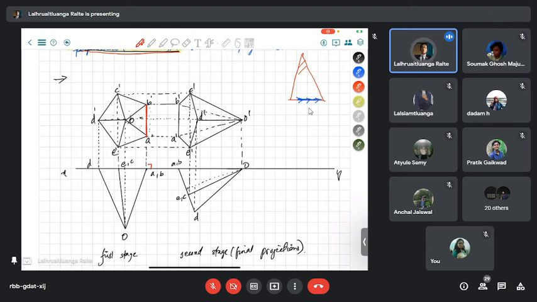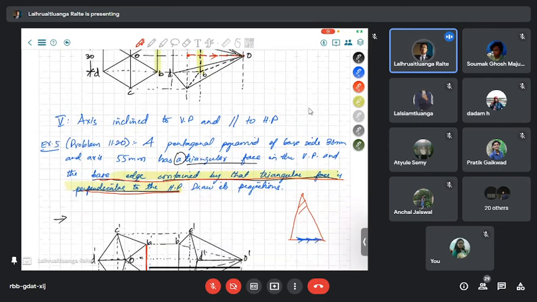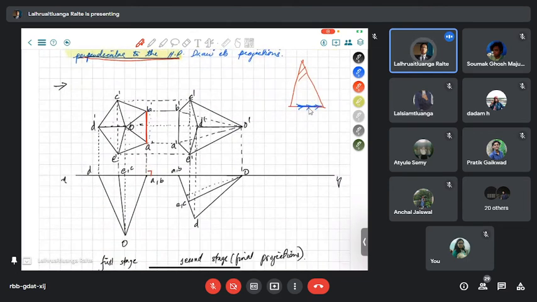For example, currently we are at an axis inclined to VP and parallel to HP. We can have an axis inclined to HP and parallel to VP also. In such conditions, do you have any question so far, or anything you want me to repeat?